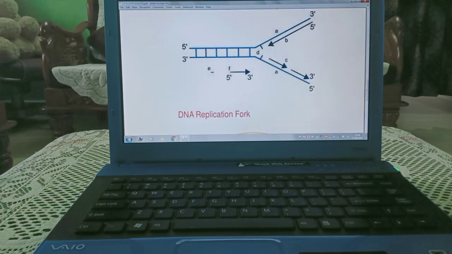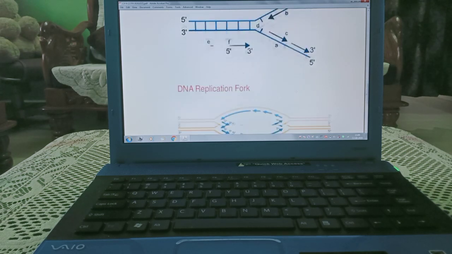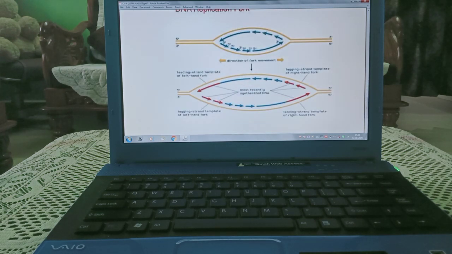We'll see here, this is the characteristic, and this is the movement. And here how it is moving, you can see this is the leading strand template, this is the lagging strand template, this is the left-hand fork, this is the right-hand fork, and according to that the newly formed DNA, as you can see on the screen.